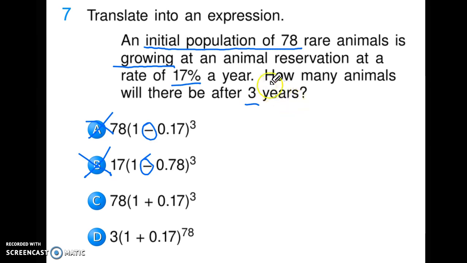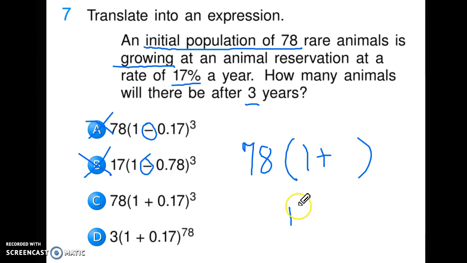It's important for us to know that we always start off our expression with the initial population. And then because we're growing, we're going to add 1 plus 17%. But we need to take 17% and change it to a decimal.